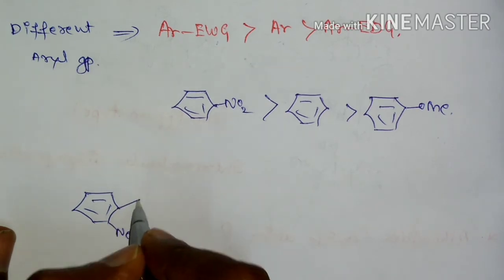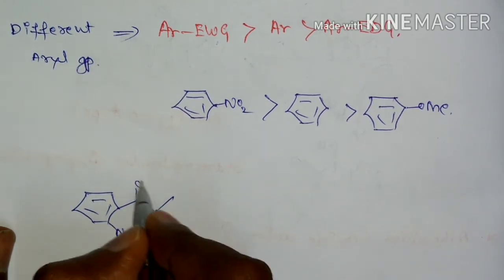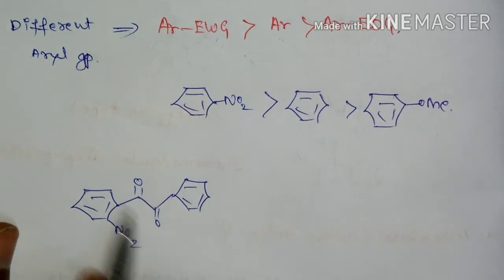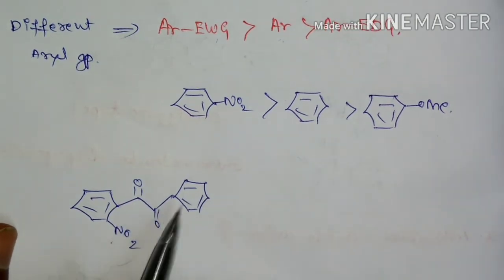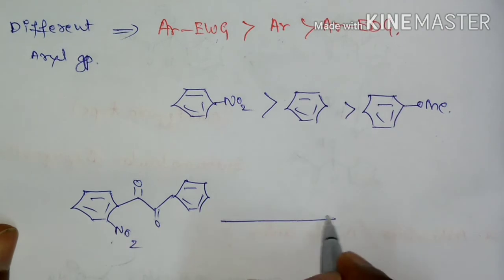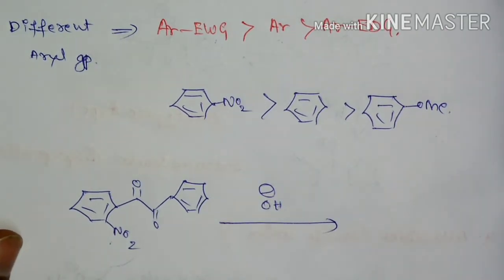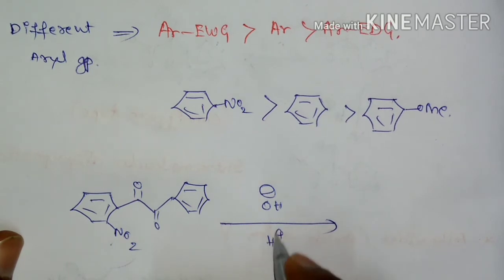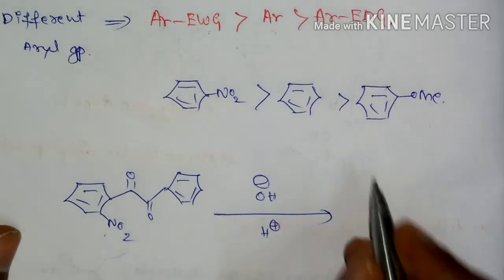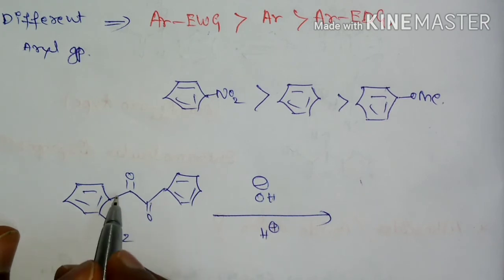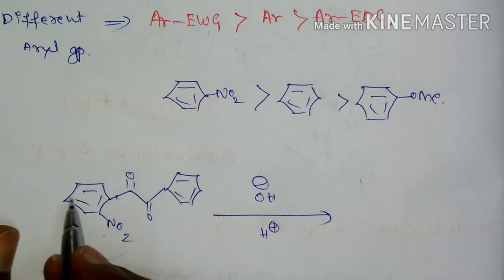If you consider the example of this diketone, here one phenyl ring is attached with an electron withdrawing group and the other is unsubstituted. What happens if it is treated with hydroxide base followed by acid workup? There will be migration of the electron withdrawing aryl group.